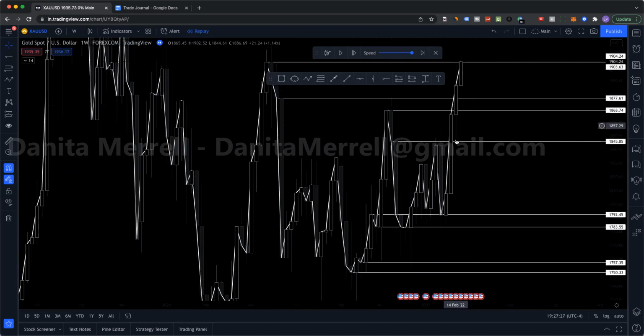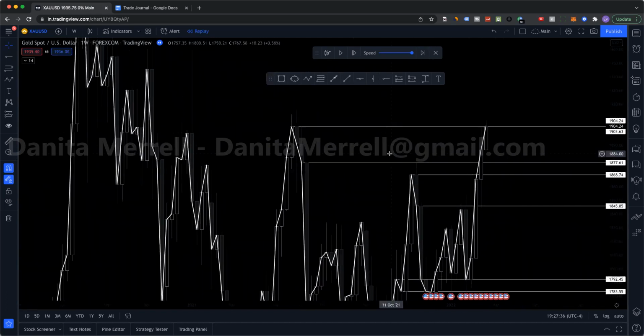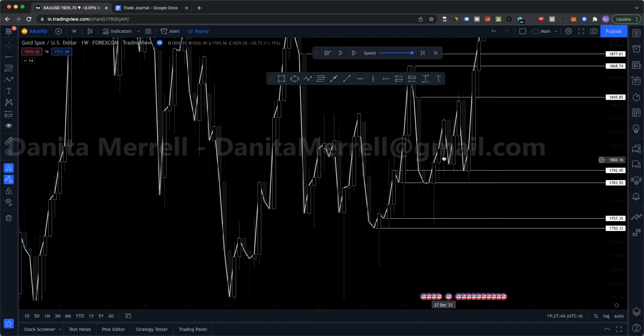See how it came back down to this area and then moved up to this area. Okay. Now we obviously have to take into account the monthly and the weekly, but as you can see, price is trading off these levels.